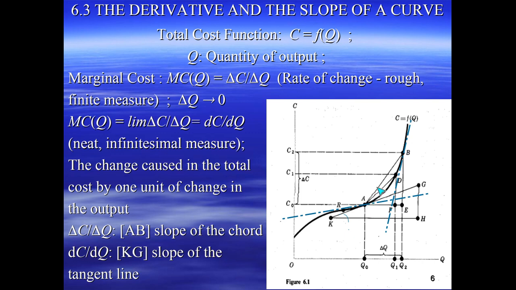This portion of line between A and B is called a chord, and the slope it makes with the horizontal line, Q or whatever, is here.